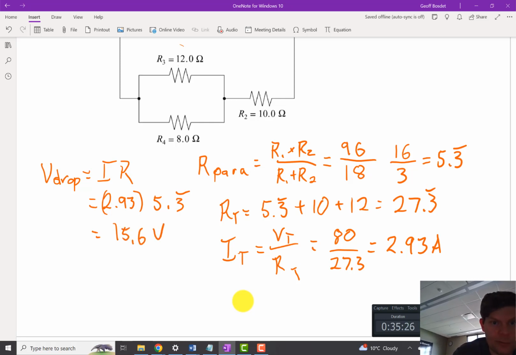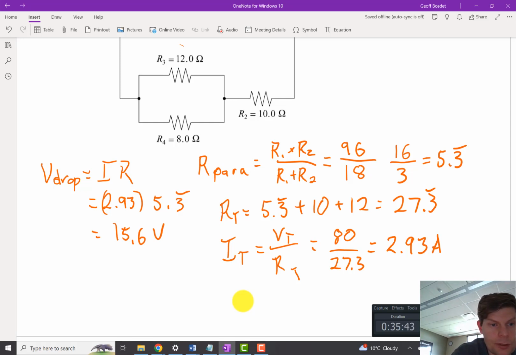So it's 15.6 volts from here to here, and if we just do 15.6 divided by 8, we'll get the amount of current that takes this bottom path, which should be 3/5 of the total, if you want to check that out.